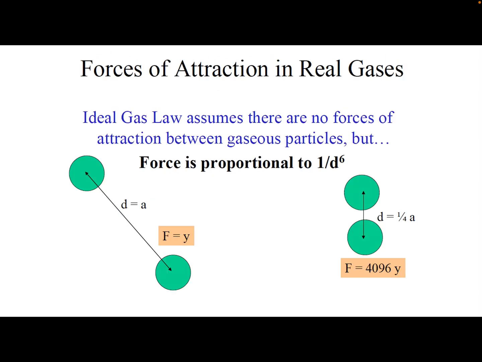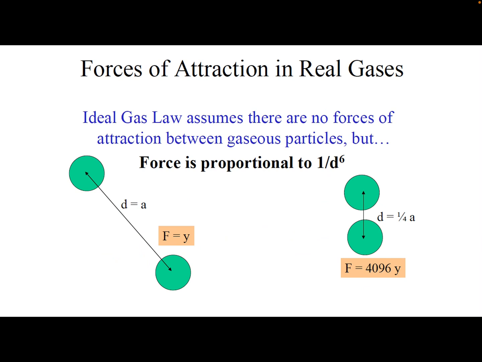The ideal gas law, also the kinetic molecular theory, assumes that there are no forces of attraction between gas particles, but there actually is. If you decrease the distance between gas particles by a factor of, let's say, 1/4, the force of attraction actually goes up by a factor of 4,096.